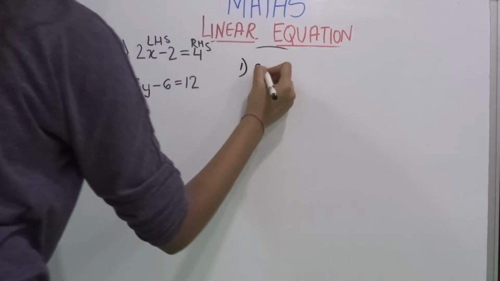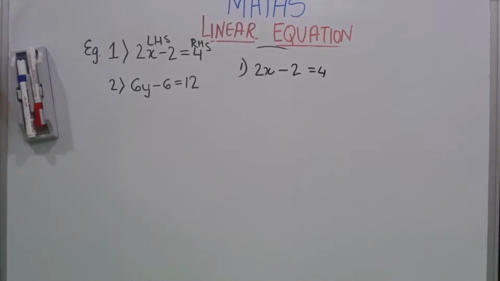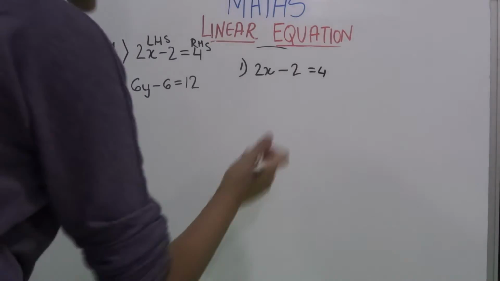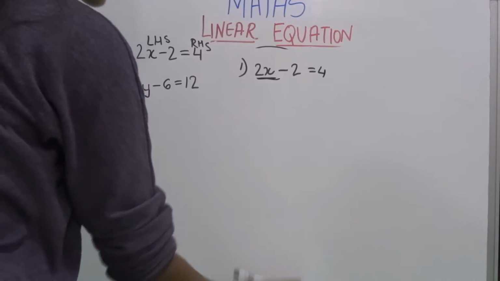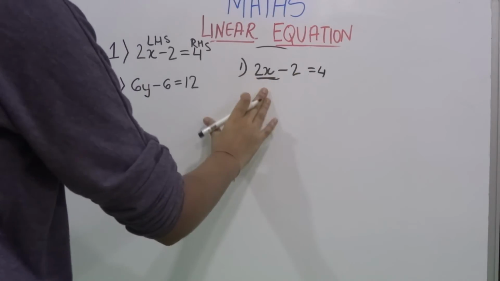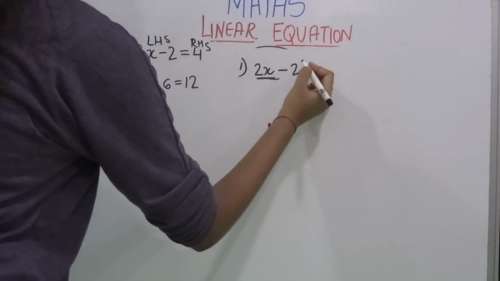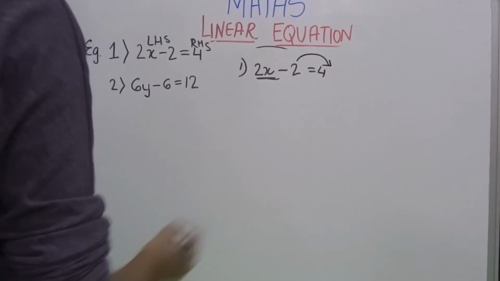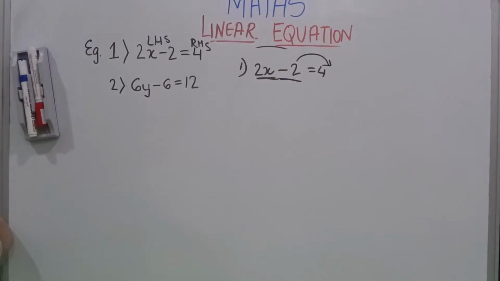And the first one is 2x minus 2 is equal to 4. Whenever we are solving the linear equation, we need to first make sure that this variable x is alone. So now on this left hand side, it is not alone. It has minus 2 with it. So we move this minus 2 to the right hand side. Now when this minus 2 goes to the right hand side, it becomes plus 2.